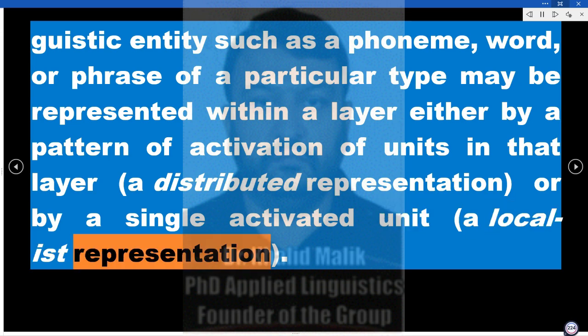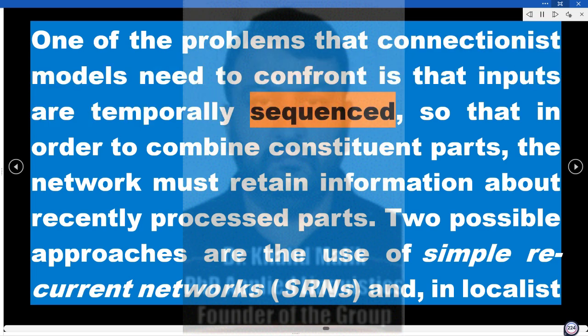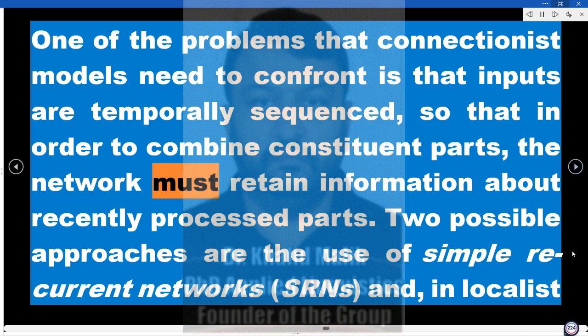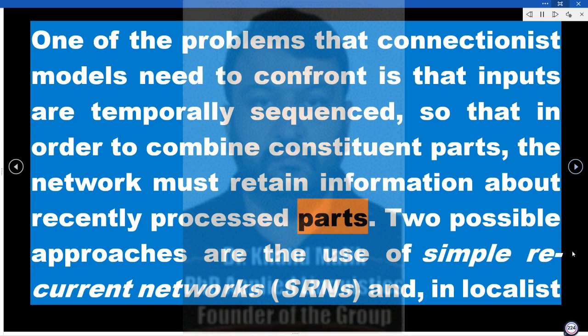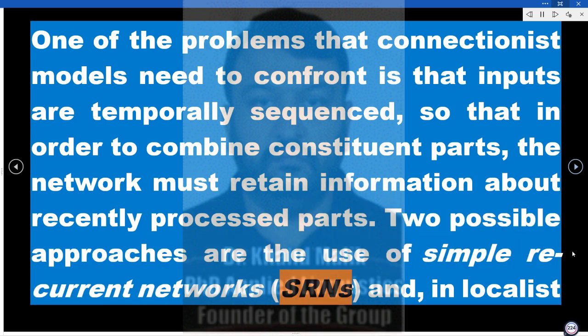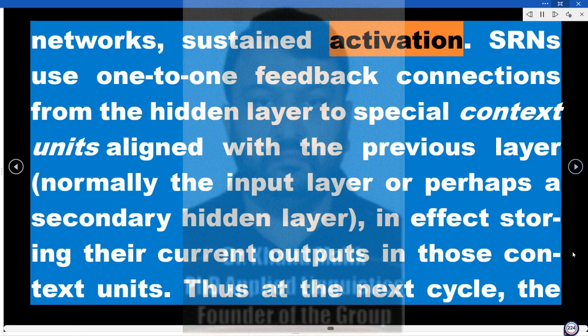One of the problems that connectionist models need to confront is that inputs are temporally sequenced, so that in order to combine constituent parts, the network must retain information about recently processed parts. Two possible approaches are the use of simple recurrent networks, SRNs, and, in localist networks, sustained activation.